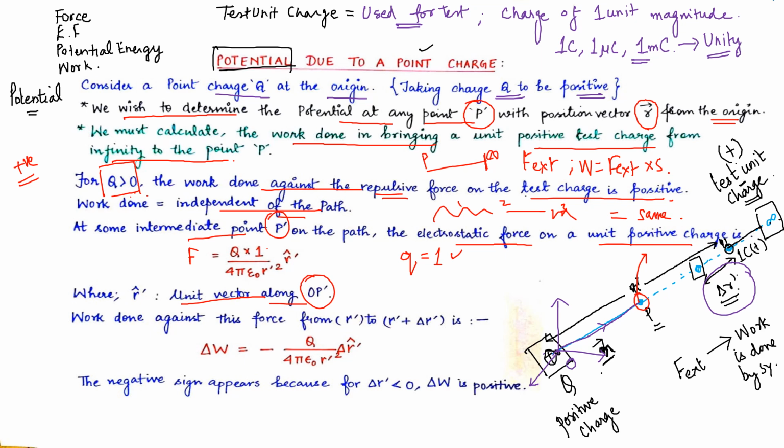Work done against this force from R dash to R dash plus del R dash is W equals minus of Q divided by 4 pi epsilon naught R dash square into del R dash. So I'll explain this step as it looks a little complicated to understand.